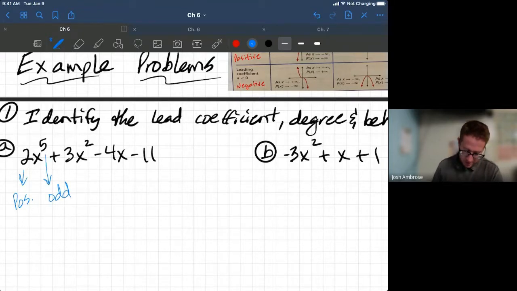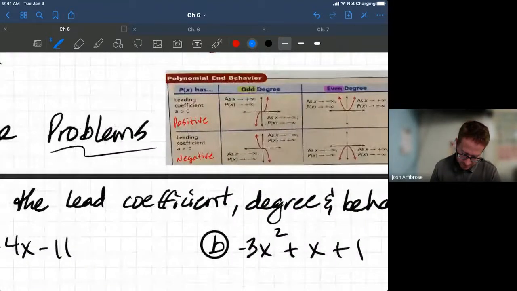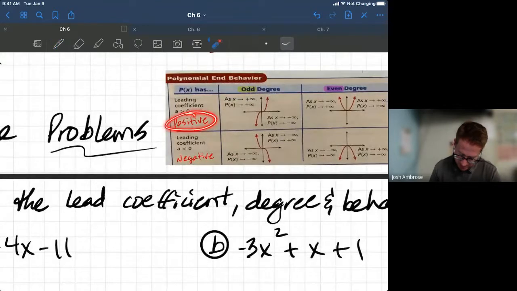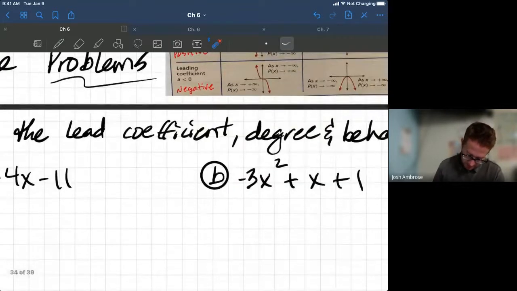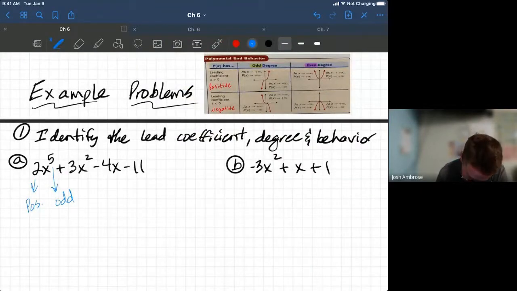When we have that info, that's going to allow us to say, okay, lead coefficient positive, so we're sticking to the top part here, and the degree is odd. So this is exactly what we want. All we're going to state for our answer is what you see here: x goes to positive infinity.